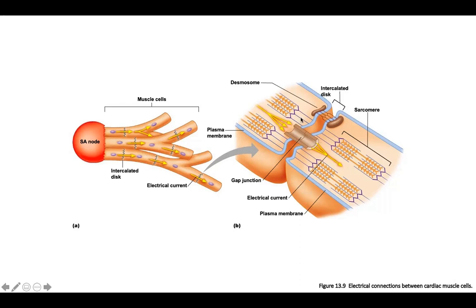Now, what I want to point out here before we move along is that the other aspects of the muscle are pretty much the same. So apart from these structures at the intercalated discs, we have the same structures that we saw on skeletal muscle. So we have the myofibril that's forming these sarcomeres, so these elongated structures that give skeletal muscle and cardiac muscle its striated appearance.